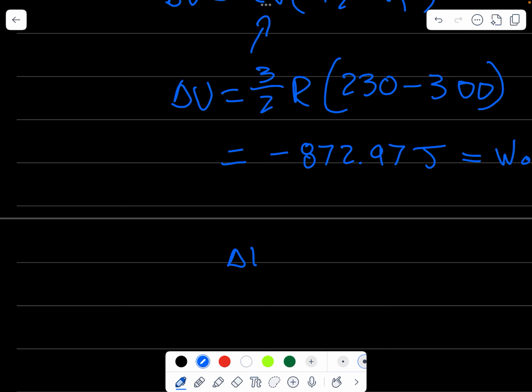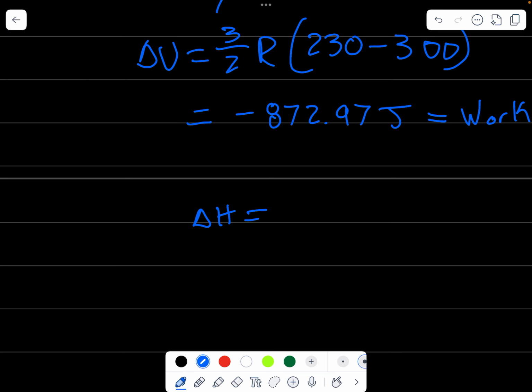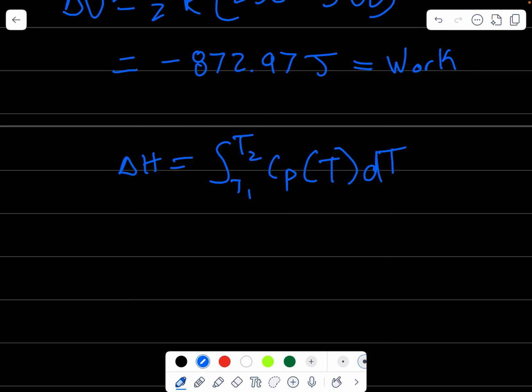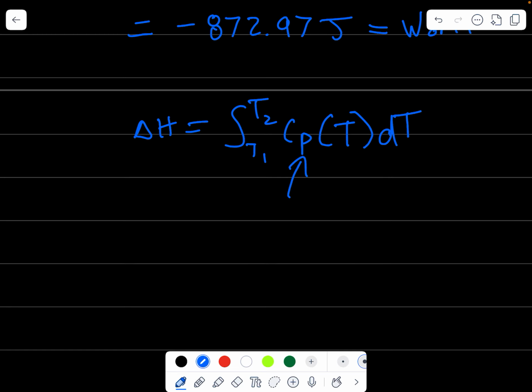So delta H has a different equation that will be important to remember, especially if you're taking an exam. This other equation is pretty similar, but it uses a different term. It uses the term Cp. Basically the integral is pretty similar because we assume that this is going to be constant.